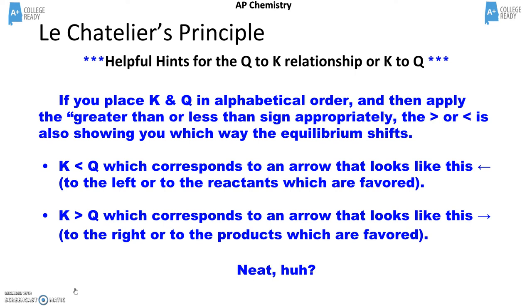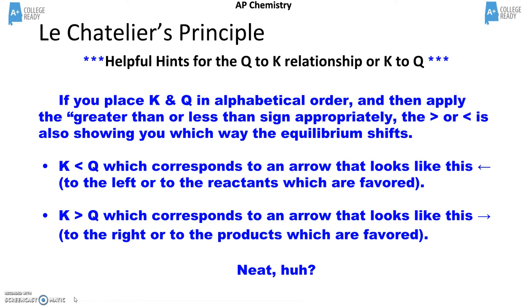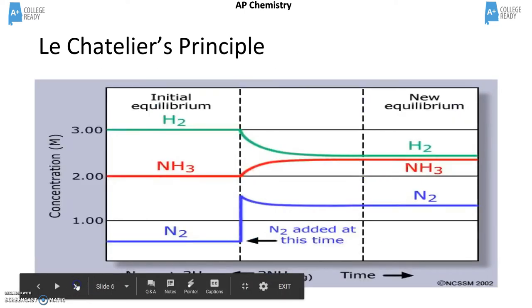So if you put K is less than Q, notice the arrow is shifting towards the reactant side. Notice when K is greater than Q, the arrow is pointing towards the product side, and the product side is favored. So that's just a little trick. But be careful, multiple choice questions are really written in terms of Q to K. So you're going to have to do some flipping around to make it easier for yourself.